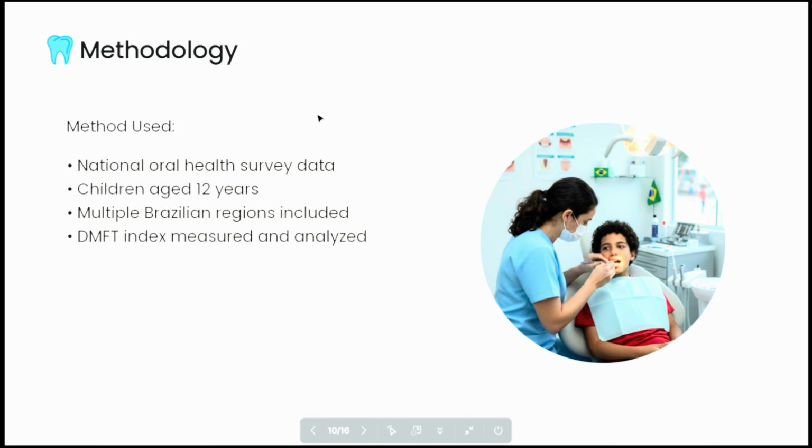In terms of methodology, the researchers used national oral health survey data from different regions across Brazil. All the children included were 12 years old, which is an important age group commonly used by the World Health Organization to assess children's oral health, because most permanent teeth have already erupted at this age.